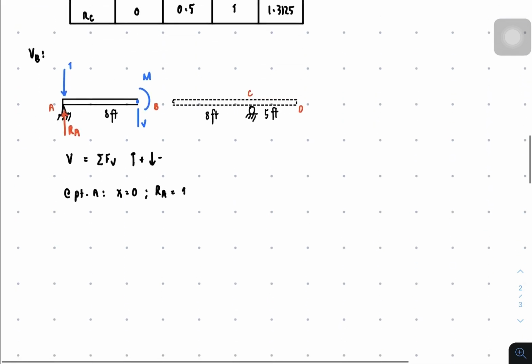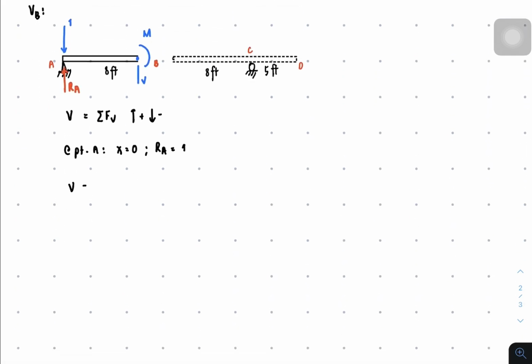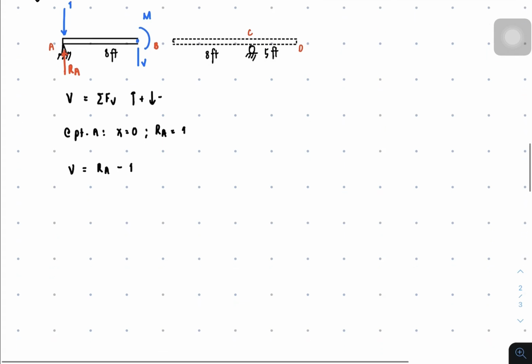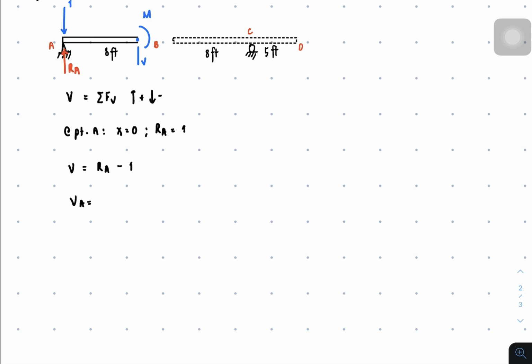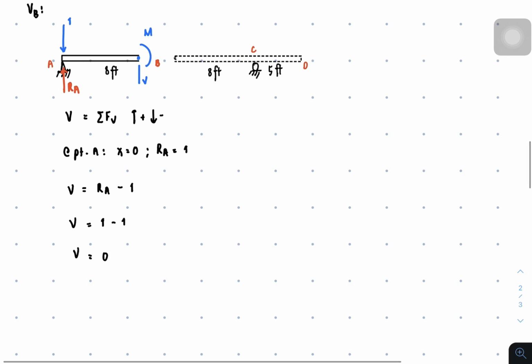So you have V, or shear, is equal to RA, then upward, and then minus 1. But RA is equal to 1 when the load is at point A. So therefore, why is this shear A? Okay, therefore the shear which is influenced at point B, or shear B, is 0 when the 1 unit load is at point A.